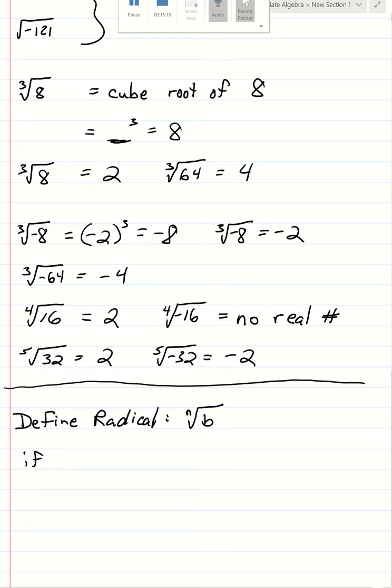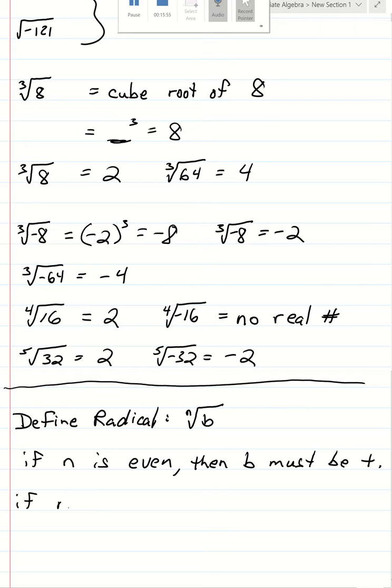Now, if the root index is even, whether it be the square root, the fourth root, the sixth root, then the radicand must be a positive number, okay? As we demonstrated, we took the fourth root of 16, we got 2. We took the square root of a whole bunch of different numbers, and we were able to do that as long as the radicand was positive.